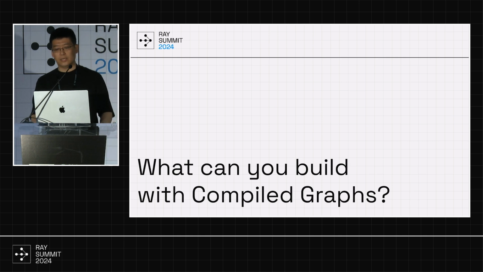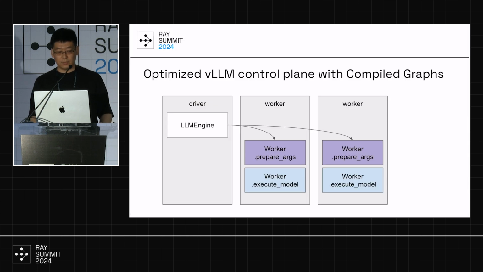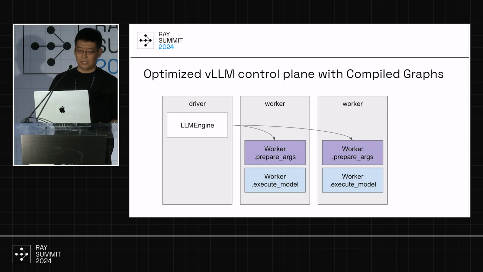So after talking about the APIs, what can you actually build with compiled graphs? I'm going to talk about a few examples. We will start from distributed inference, specifically optimizing the vLLM control plane. This diagram shows the vLLM control plane architecture. There's a driver that runs the LLM engine, which sends requests to multiple workers that execute the different model shards.